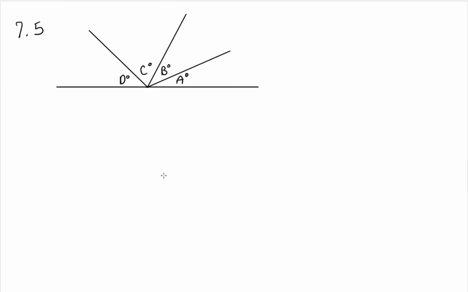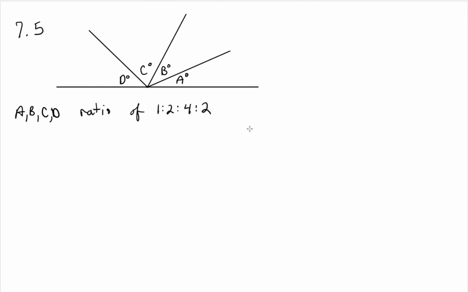Okay, so it says the measures of angles A, B, C, and D are in the ratio of 1 to 2 to 4 to 2.